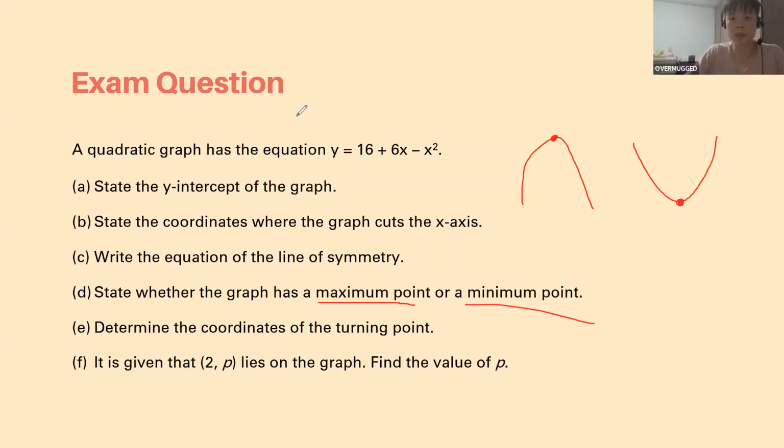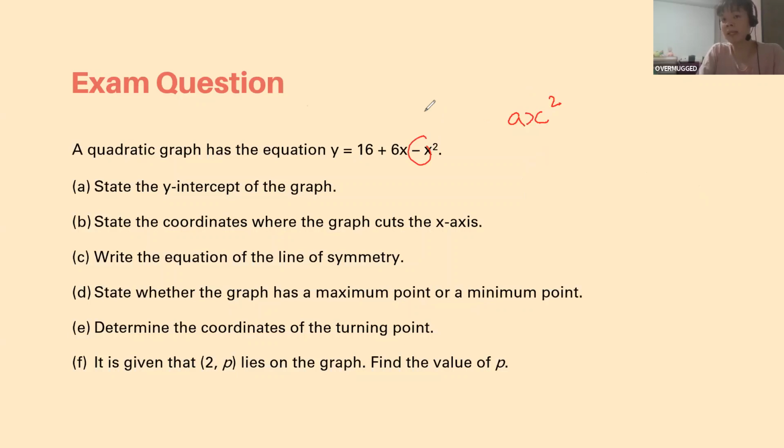You understand the question? To determine whether the graph has a maximum point or minimum point, ask yourself, does the graph have a sad face or happy face? Can you remember how to tell? Previously I mentioned we look at the coefficient of A, meaning the number in front of x squared.